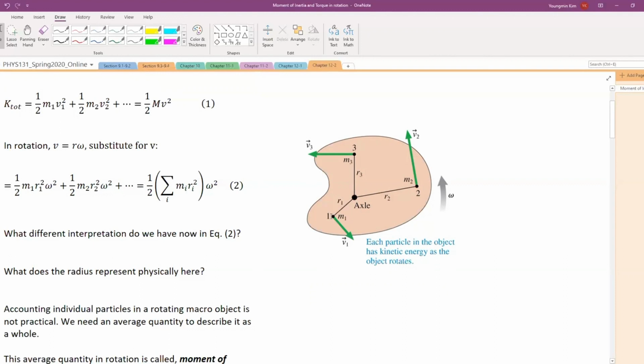The collection of all these radii of the particles will form the shape of this object. So what I'm telling you is that in rotation, not only the mass and the rotating speed are important to energy, you also have to consider the shape of the object. In other words, how the masses are distributed within the rotating object.